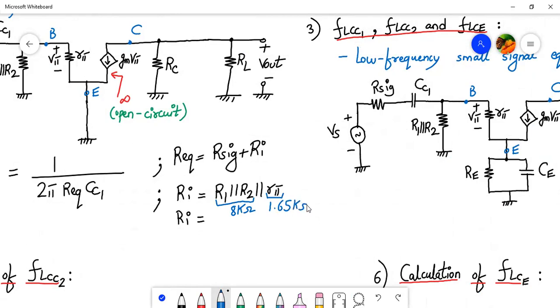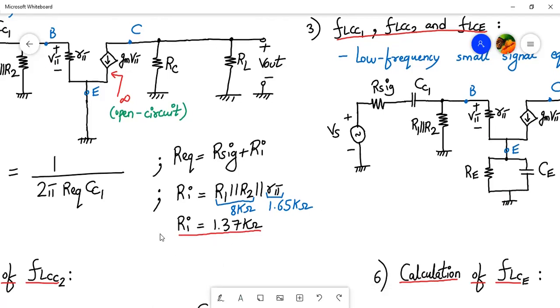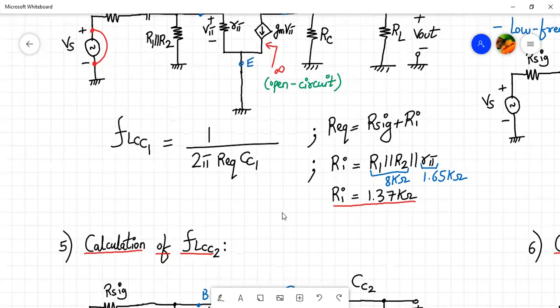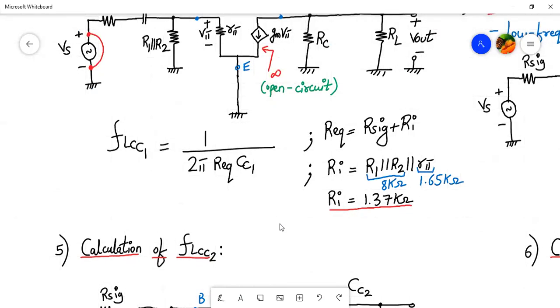So Ri will be 8 kilo ohm parallel to 1.65 kilo ohm. If you work it out in a calculator, that comes out to be 1.37 kilo ohm. So that's the value of Ri. Now we plug in the formula and find the value of FL of CC1.